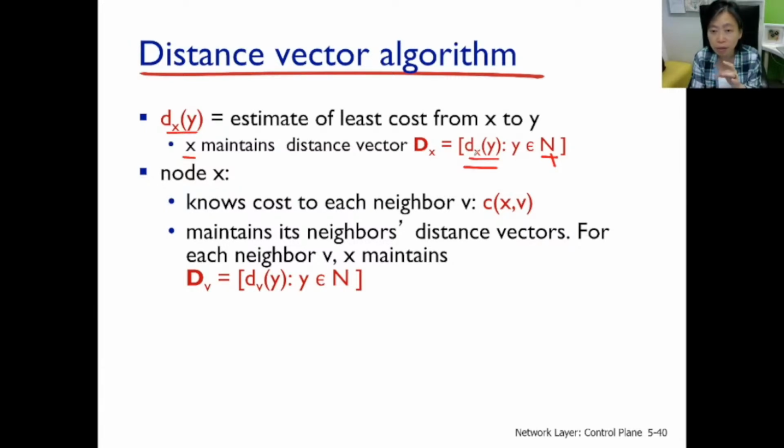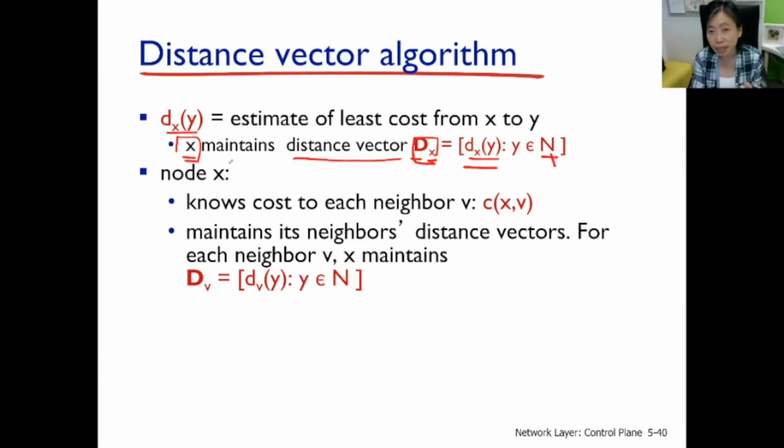Each of these values is the shortest distance to a destination in the network. Therefore, we call this a distance vector. It's denoted as capital D. Because this is the distance vector for node x, it's called D_x. So the goal of the distance vector routing algorithm is to derive D_x for each node x.